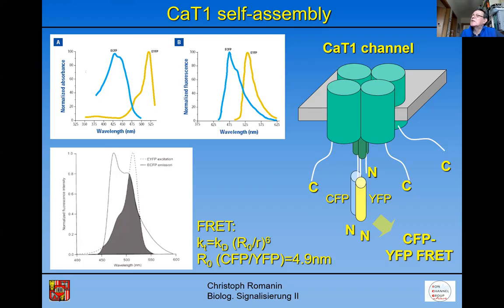Here, this technique has been introduced, the FRET technique. It works in a way that to visualize, to get a signal out whether proteins are in close proximity to each other, we have to label the proteins.